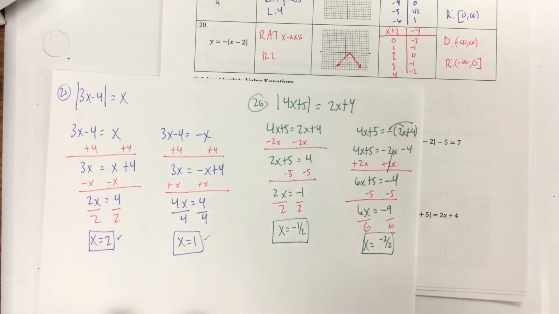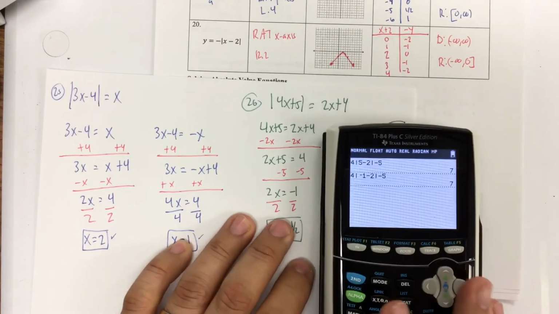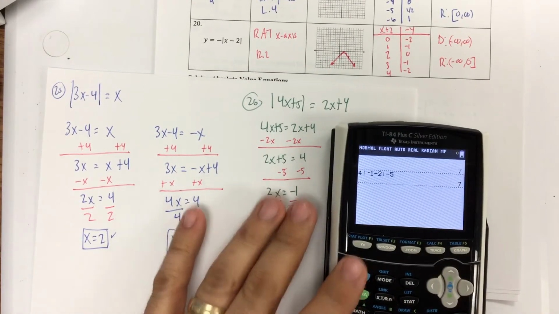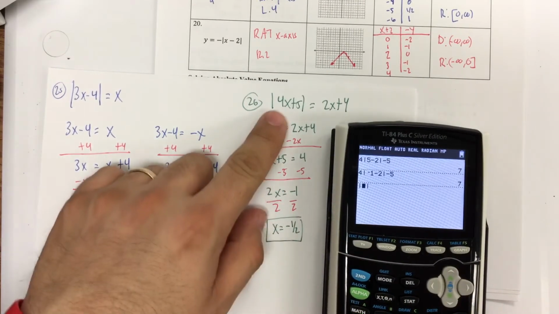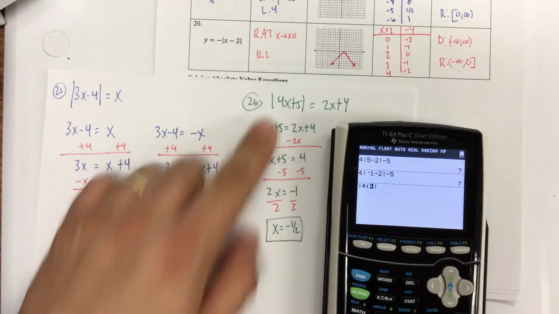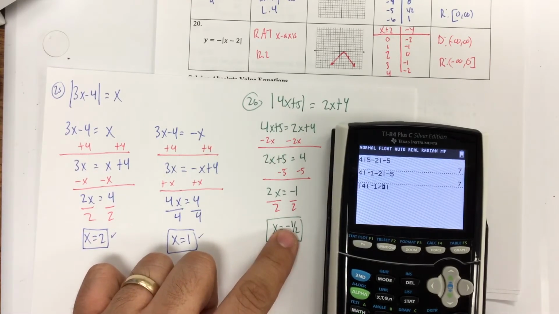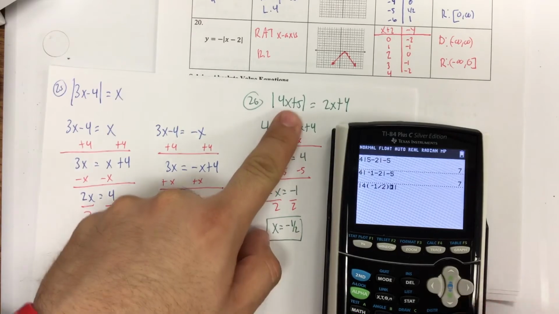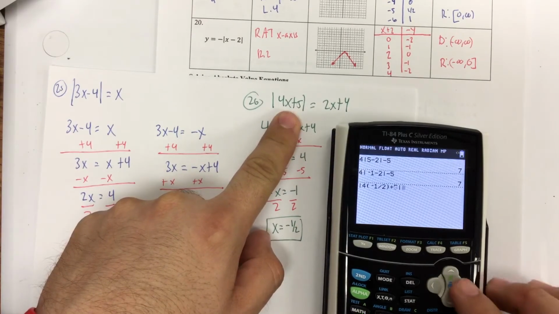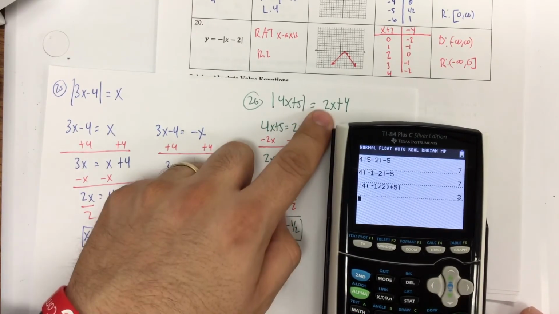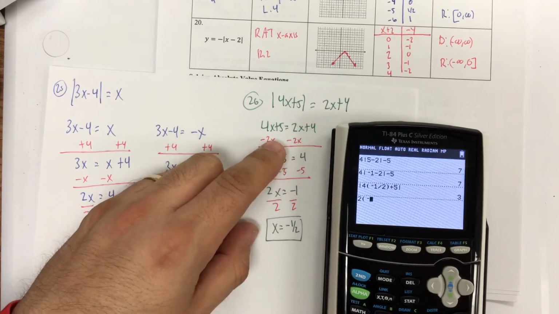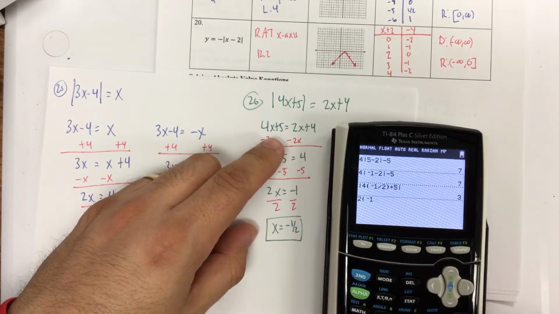So this one I'll type in the calculator just to verify that they are correct. So let's see what we get here. So absolute value, we have 4 parentheses, we have negative 1/2 plus 5. And we're going to see 2x plus 4, so 2 times negative 1/2 plus 4.